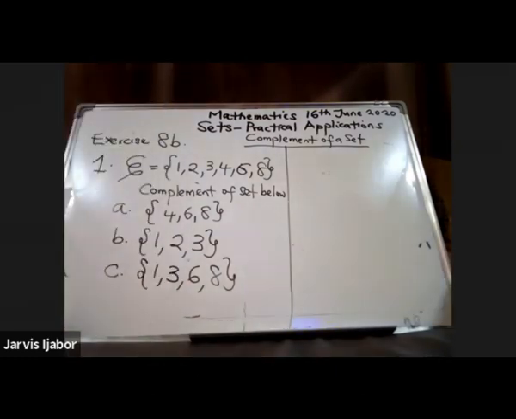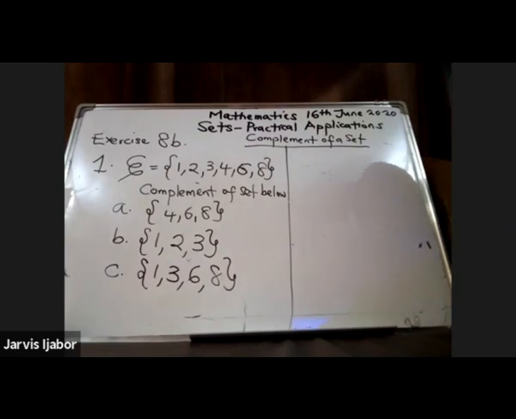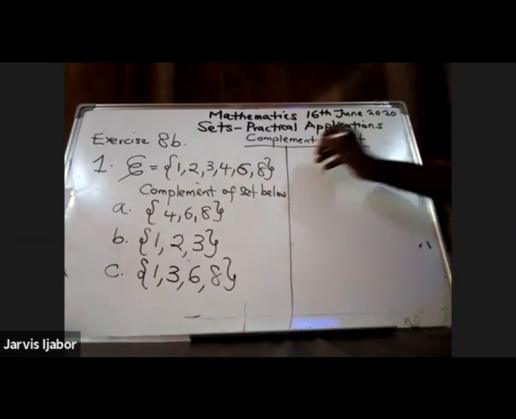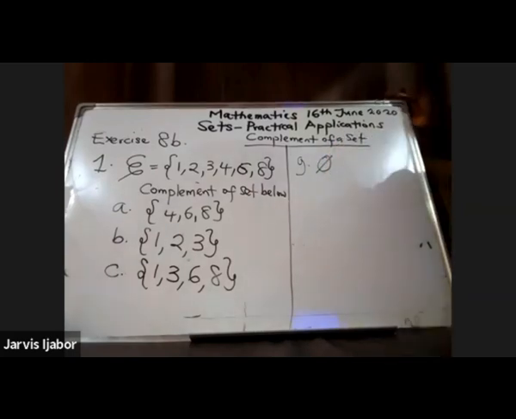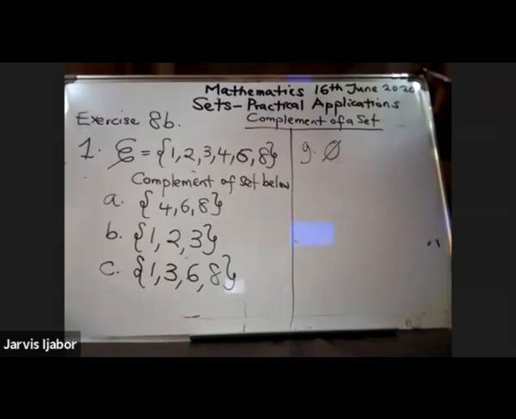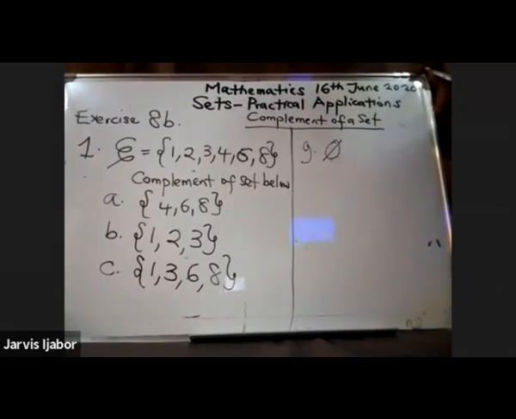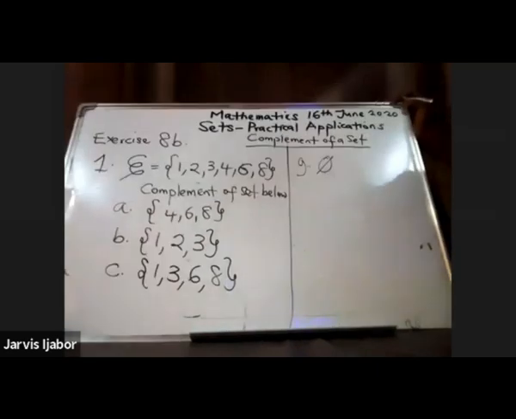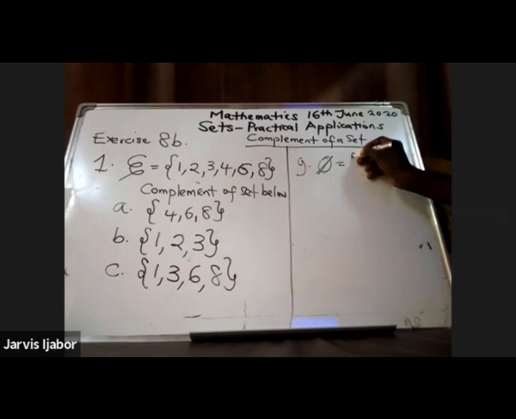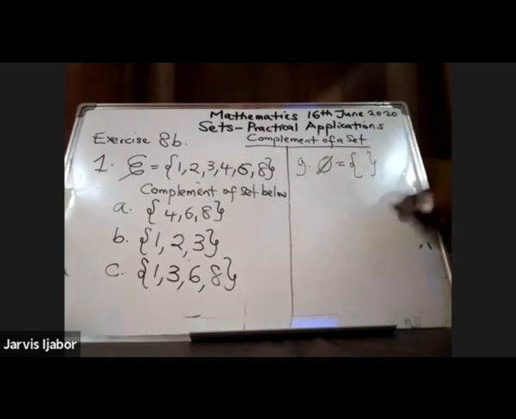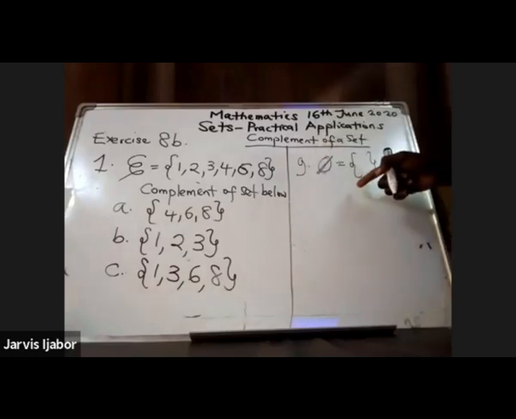Now look at this. The next one, G, I don't know if you have seen this symbol before. This symbol means null or empty set. That's what this symbol means. It means that there's no element in it. What is the complement of not seeing anything?